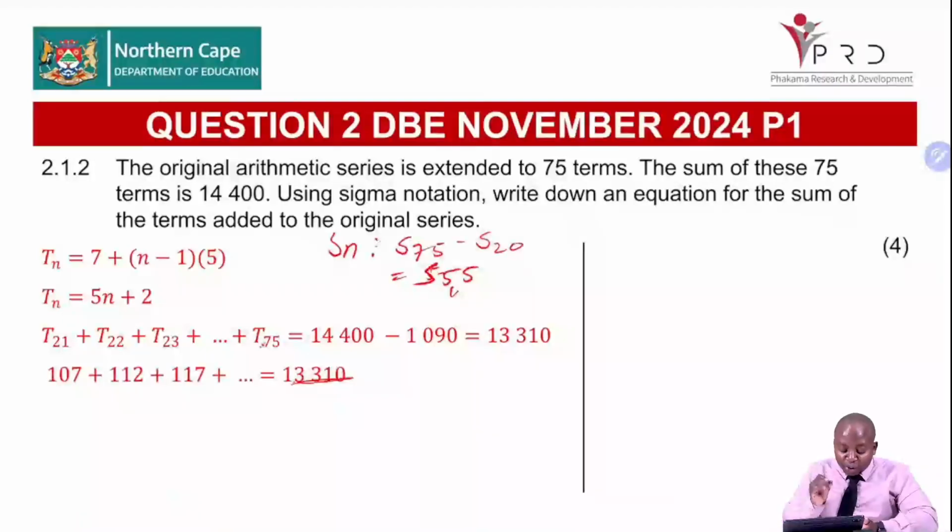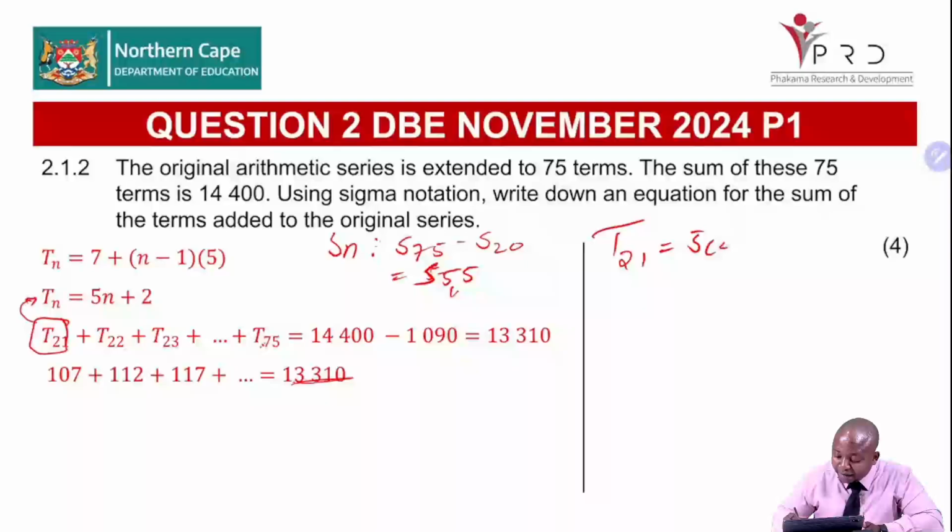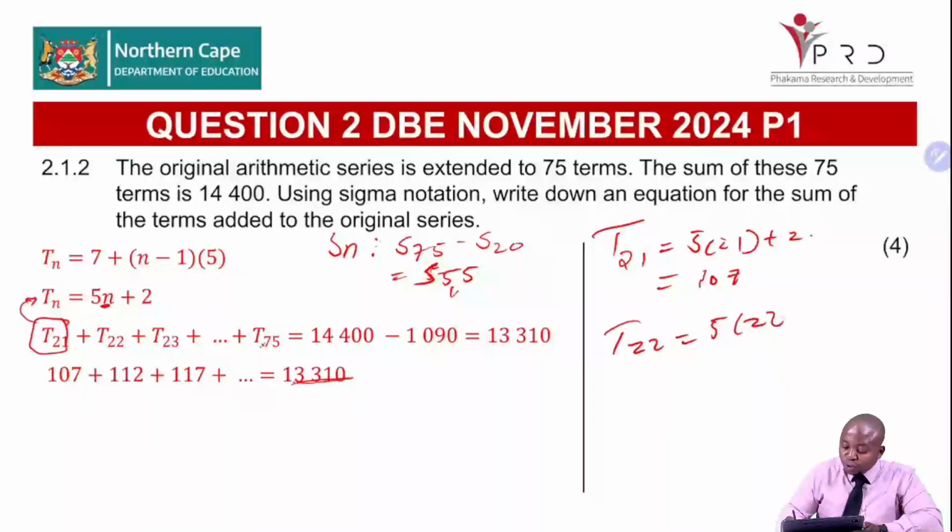Now the actual first term is T21. I'm going to go back to my general formula. T21 equals 5 into 21 plus 2. This is going to be 107. Then for 22, I substitute n equals 22 there. T22, I will simply say 5 times 22 plus 2. This is 112.